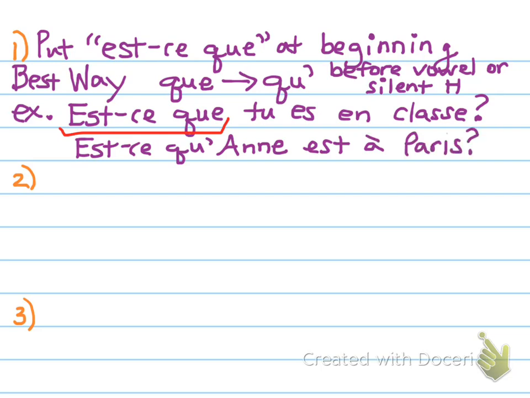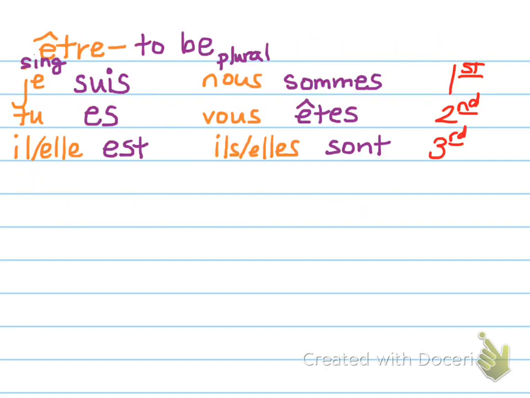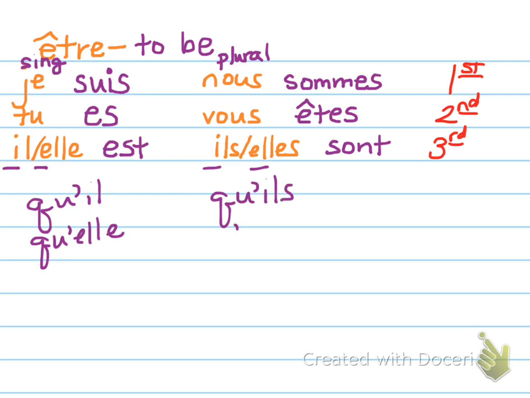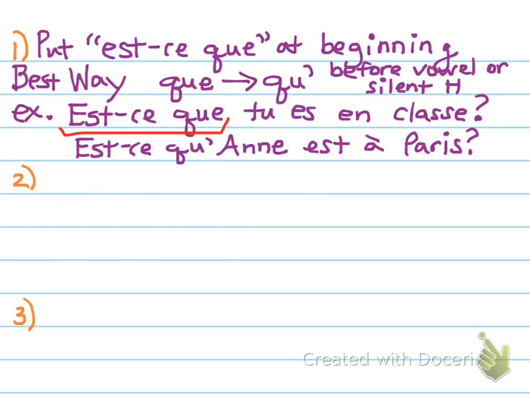So that's going to happen with people's names that start with vowels or silent H. Also remember, right back here, il and elle both start with a vowel. So if we have a question with il or elle, it'd be est-ce qu'il or est-ce qu'elle. And same thing here with ils and elles: est-ce qu'ils, est-ce qu'elles. So it happens with names, but it also happens with those couple subject pronouns.